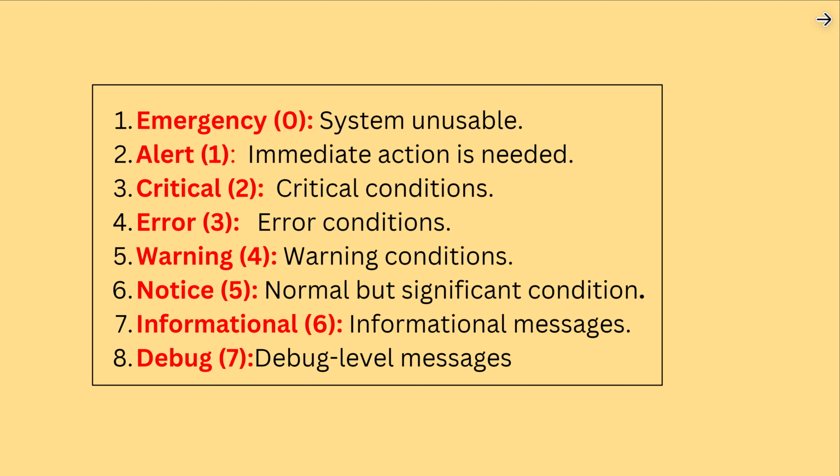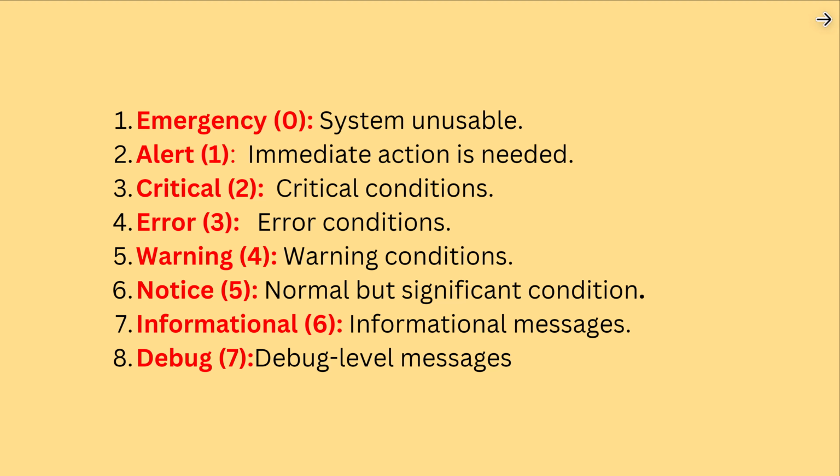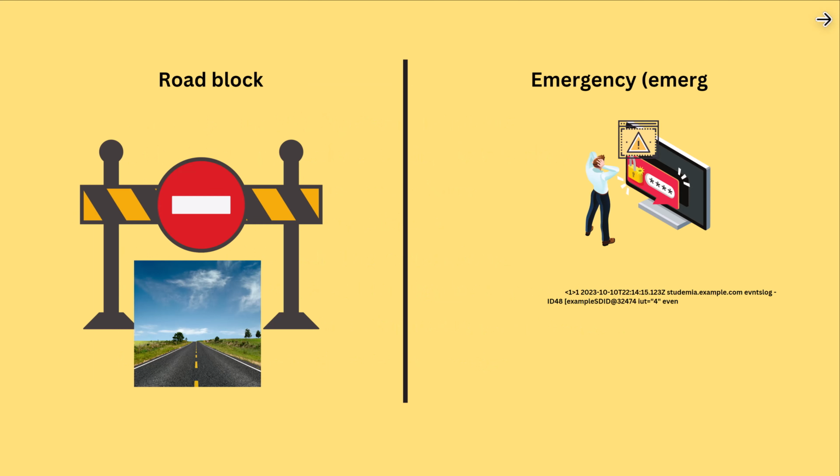Now, understanding these various message types, let's use a realistic example to compare with road driving. As you can see on my screen, the first one is like a roadblock. In the real world, once you see a roadblock, this symbol means we are unable to drive through the street. Maybe the street is not well or suitable to drive.